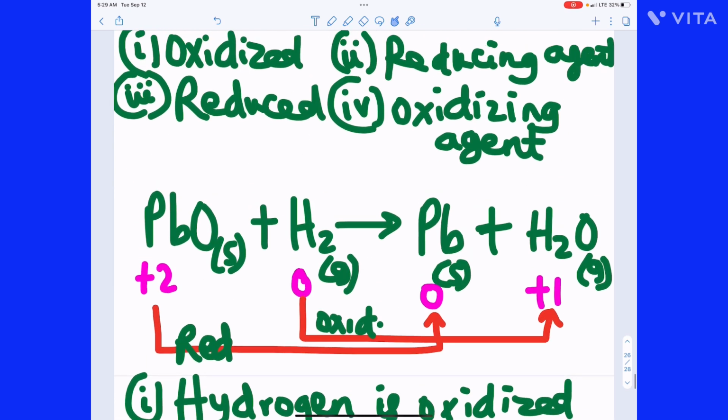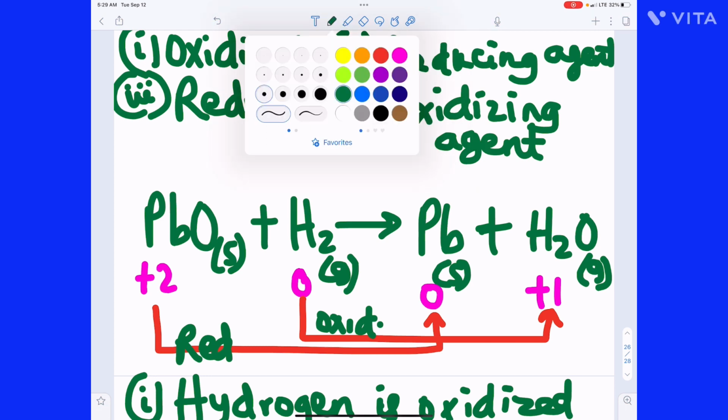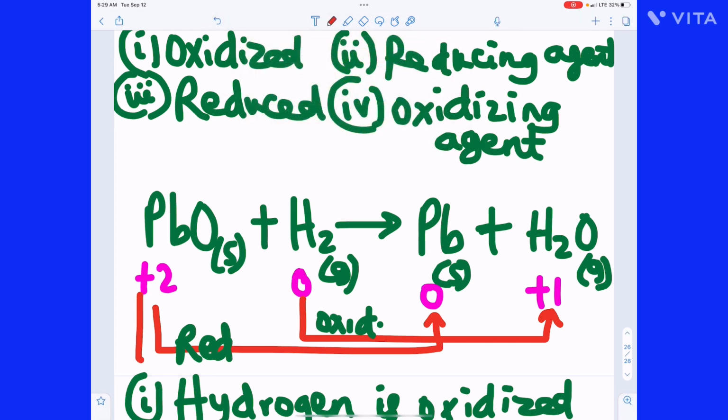Also, let's go find the substance or agent that is reduced. Now, lead oxide. The oxidation number of lead changed from +2 to 0. That's a decrease in oxidation number, and that is a reduction.